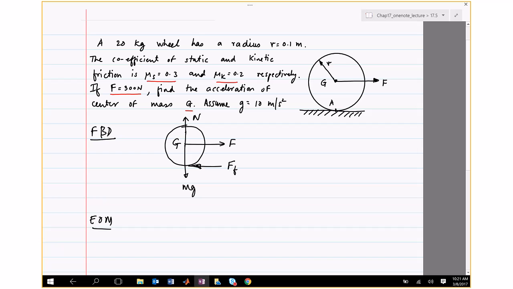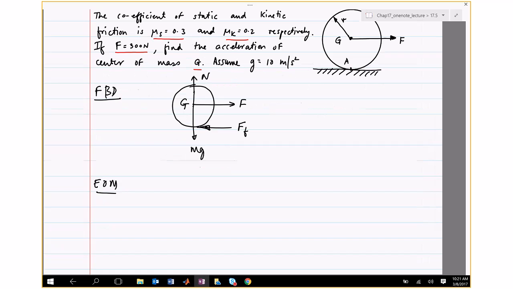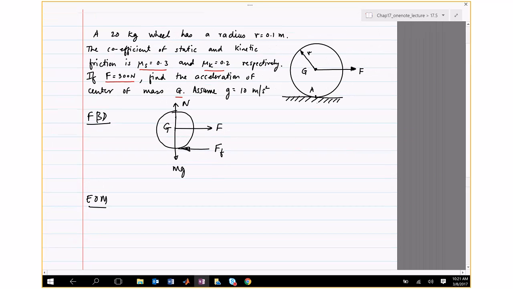Next, equations of motion. So this is an example of general planar motion, right? Because, well, you could say that it could be motion about a fixed axis, like it could be motion about point A, but you don't know if A is slipping or not.